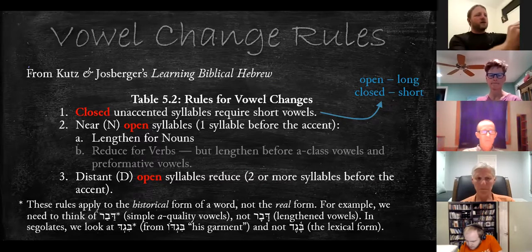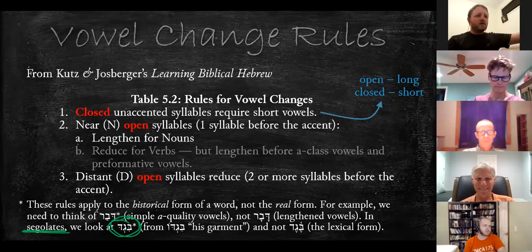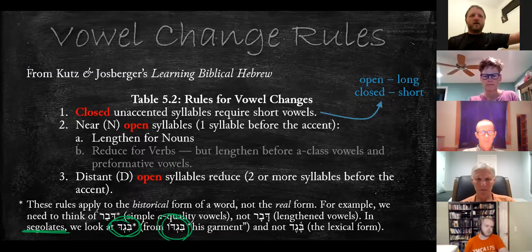In Segolates, we look at bigd from the idea of bigdo, his garment. Segolate nouns will be bigdo, malko, his king, kalbo, his dog. Put the his suffix on there, and then you have the historical form.